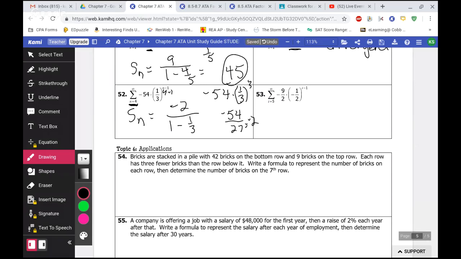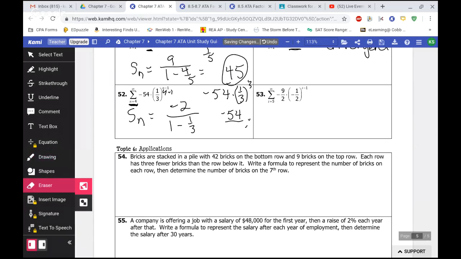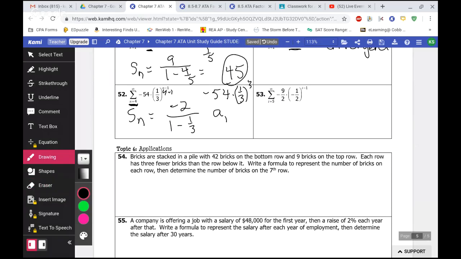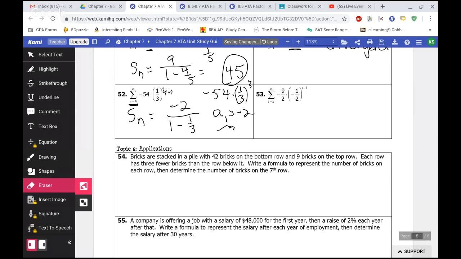And so negative 2 divided by 2/3. Oh gosh, that's a mess.